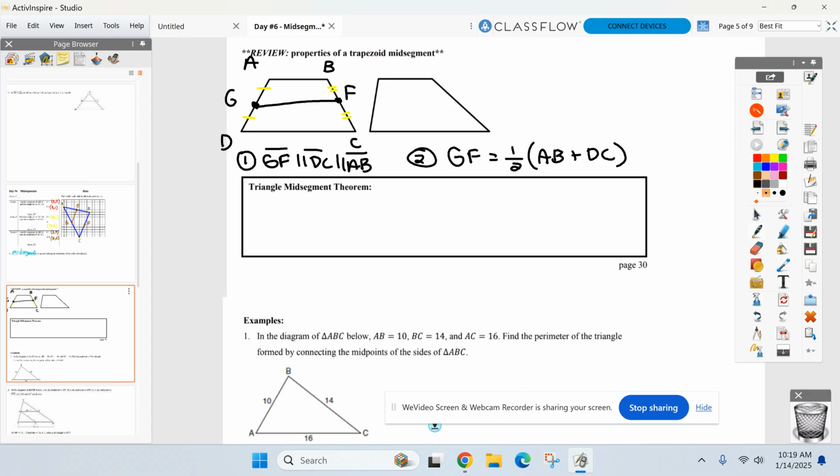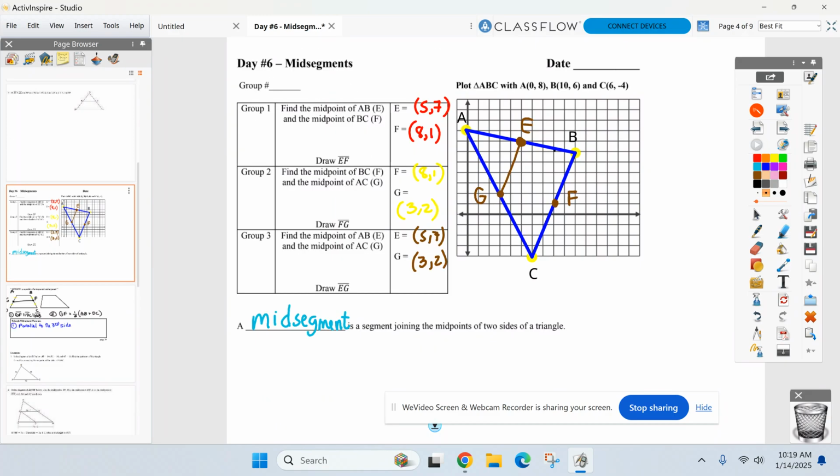Same properties for a triangle's midsegment, which is parallel to the third side. Now, I want to make sure I am clear on what I mean by the third side. You still have GE drawn?